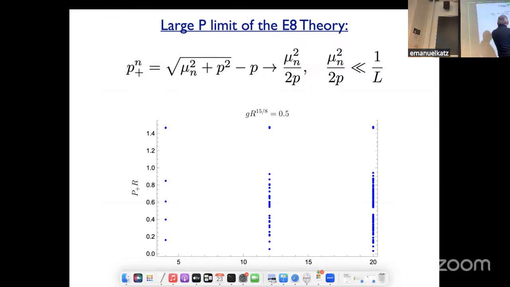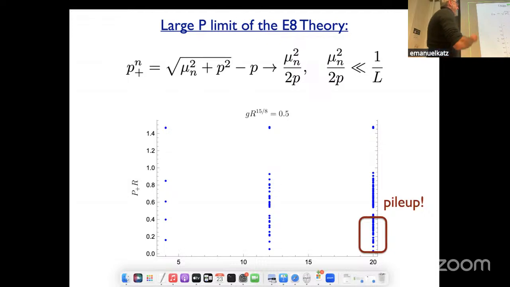So here's the light cone energy, and here the x-axis is momentum. We have this sparse discrete spectrum, but as we crank up the momentum, the eigenvalues seem to all crash down. And so there's a natural pileup of eigenvalues that one gets as we're boosting the system.